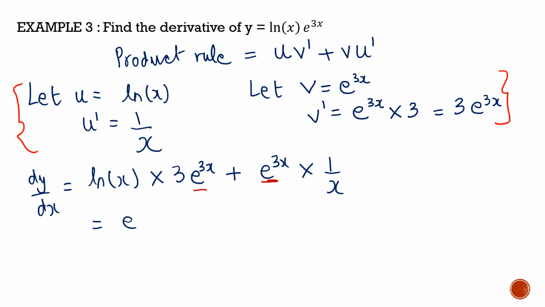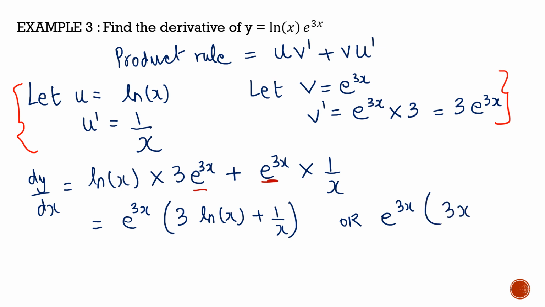So e to the power 3x outside the bracket, and what's left inside is 3 ln x plus 1 over x. Now you're most welcome to leave the answer in this form because this is correct. Some people might want to take the LCM as x. So that would leave us with e to the power 3x times (3x ln of x plus 1), all over x. And that would be our final solution.